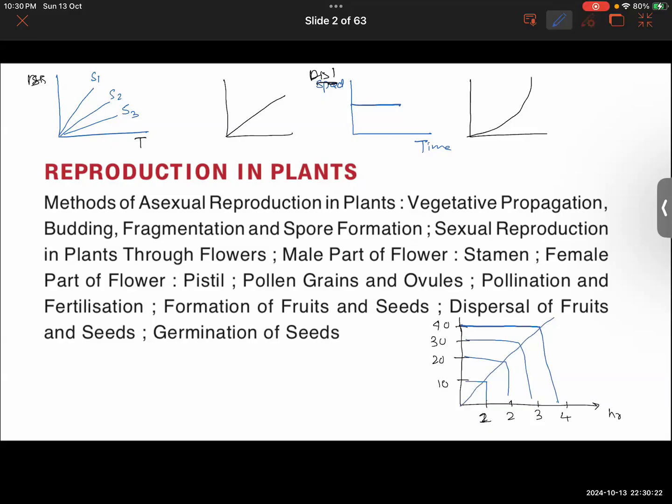Now let us take another vehicle at the same time. We are going to divide the time axis further like this: 0.5 hours, then 1 hour, 1.5, 2.5, like this we have divided, and we have divided this also like this.